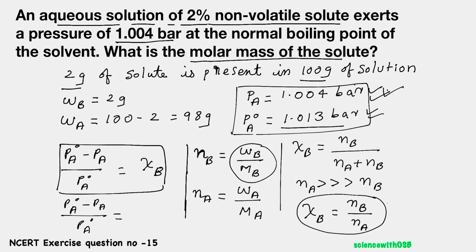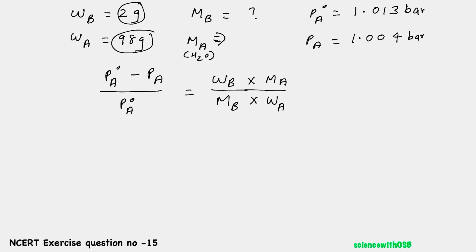NB means WB by MB, and NA is WA by MA. Now it is just a matter of substitution.